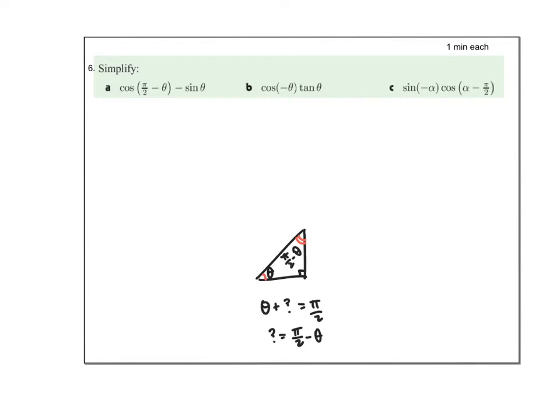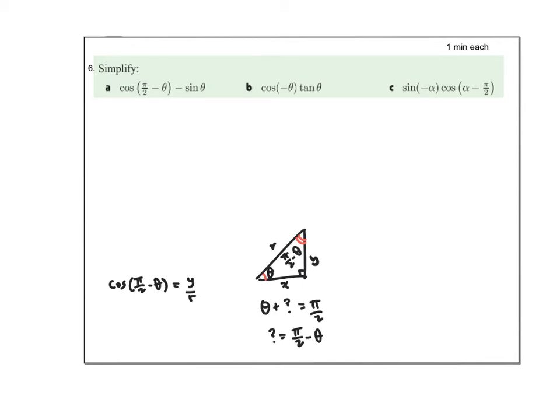So let's consider, what would the cosine of pi over 2 minus theta equal? Well, in this triangle, let's call this side x, this side y, and this side r. The cosine of pi over 2 minus theta would be y over r.